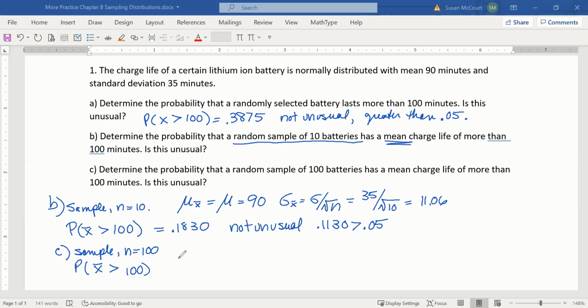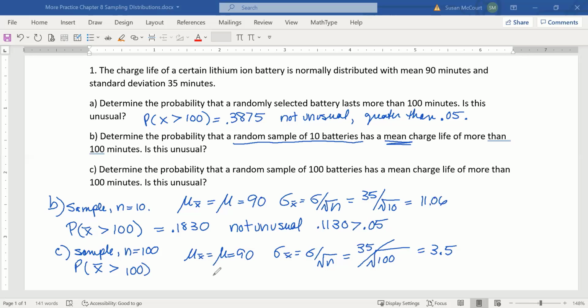So our formula sheet tells us to find mu sub X bar, which is mu, which is 90, but we have a new sigma X bar, which is sigma over the square root of n. So we have 35 over the square root of 100, which is 35 over 10, so 3.5.